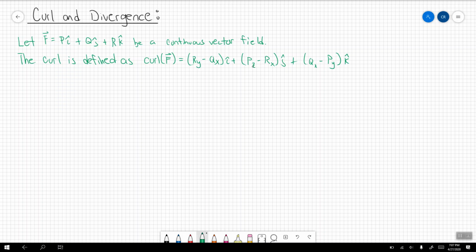The j component is the partial of P with respect to z minus the partial of R with respect to x. The k component is the partial of Q with respect to x minus the partial of P with respect to y.